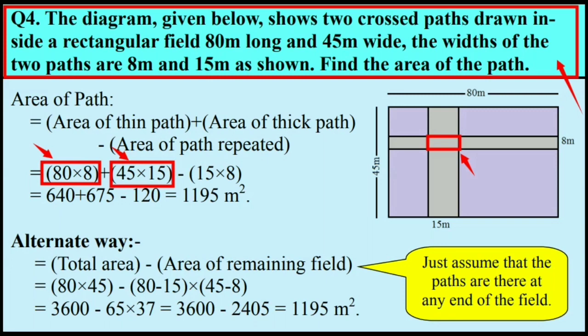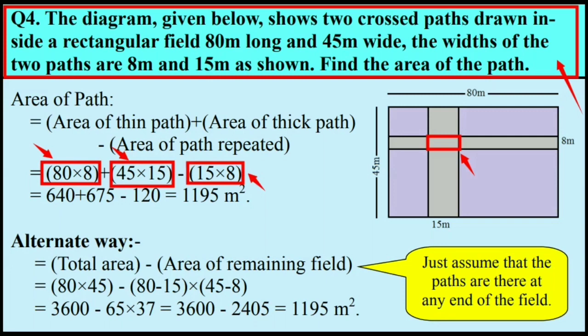So once let's subtract that from the total area, and the dimension of this rectangular repeated area is 15 meter and 8 meter. Hence 15 into 8, which is being taken twice here, so once it should be subtracted, and now that comes in the expression.